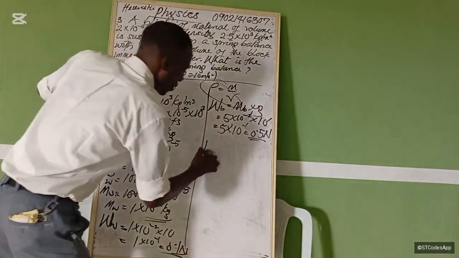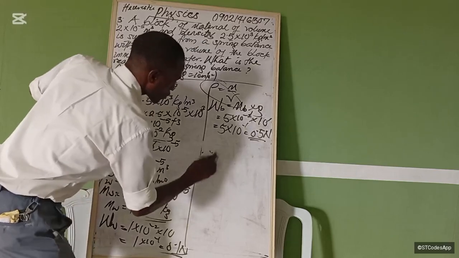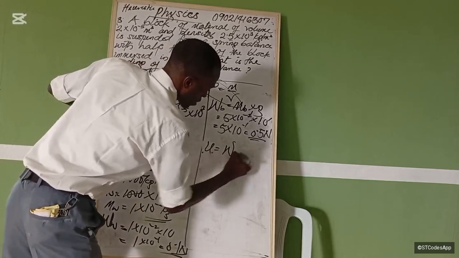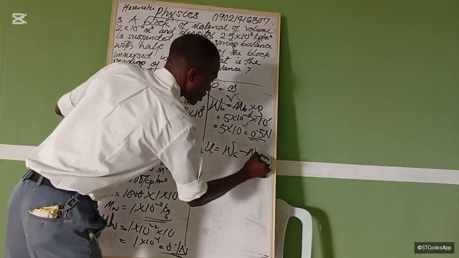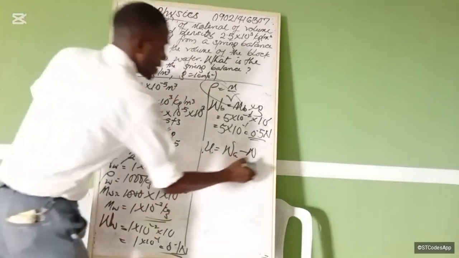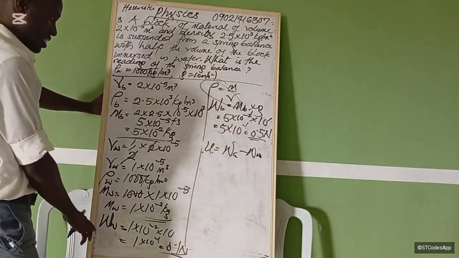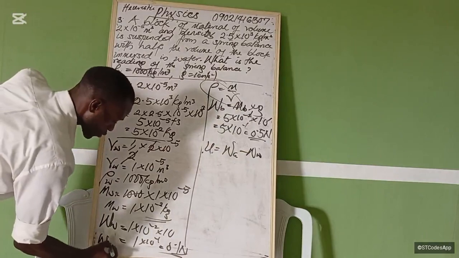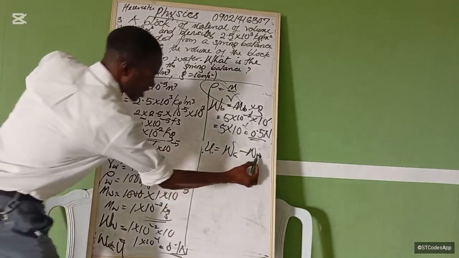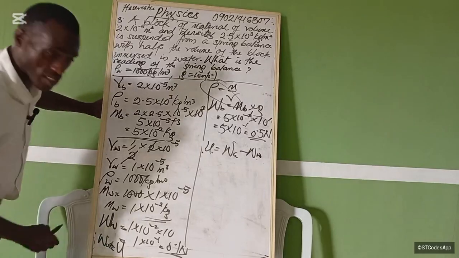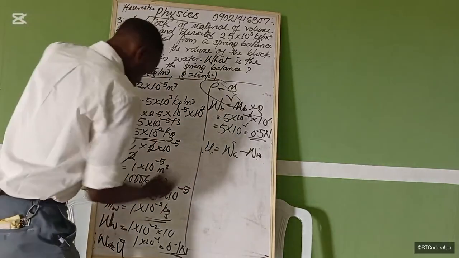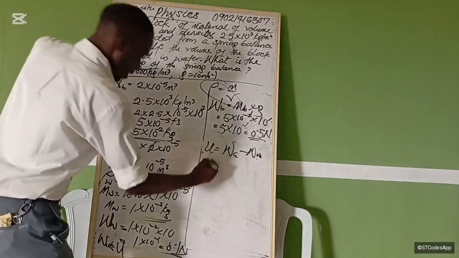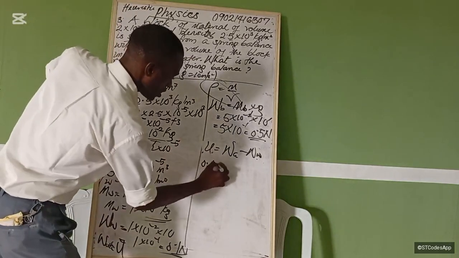So I recall that upthrust is going to be weight in air minus weight in water. Now we're looking for the weight in water. Does that make sense? This one is the weight in water, and this one is the weight of water displaced. So U, which is the upthrust here, is going to be 0.1 Newton.